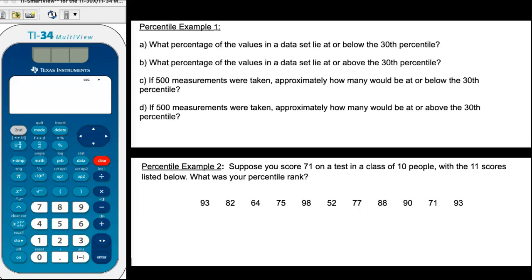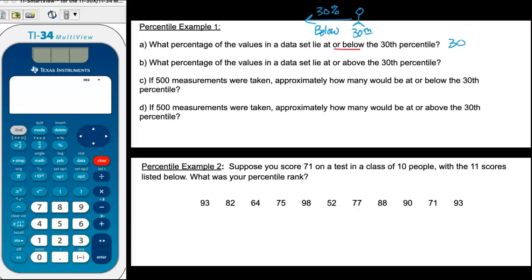So let's do an example. What percentage of the values in a data set lie at or below the 30th? So if it's asking for the percent below, well, that would be whatever the percentile indicates. So if a person is in the 30th percentile, it means 30% are going to be below. So whatever number is in the percentile describes, that's the percent below.